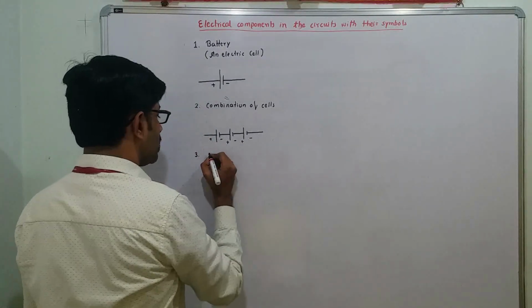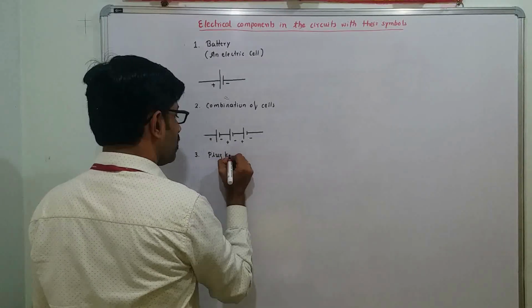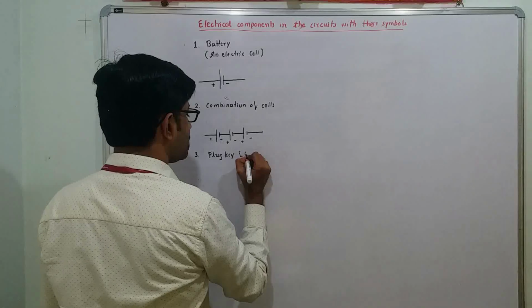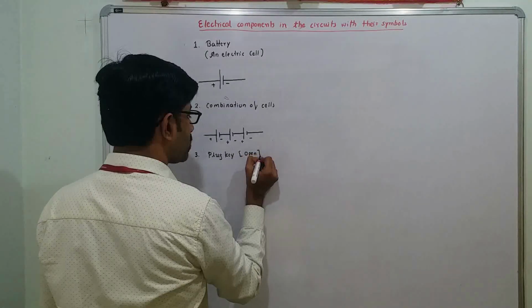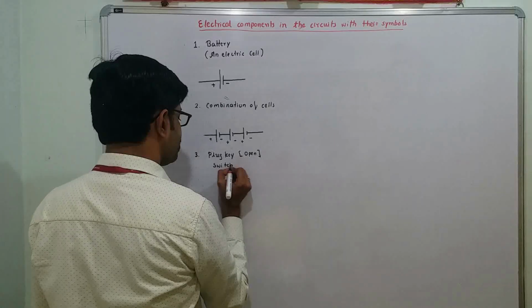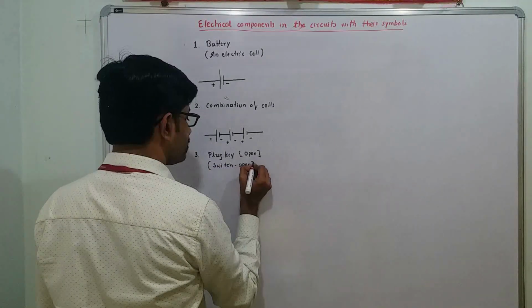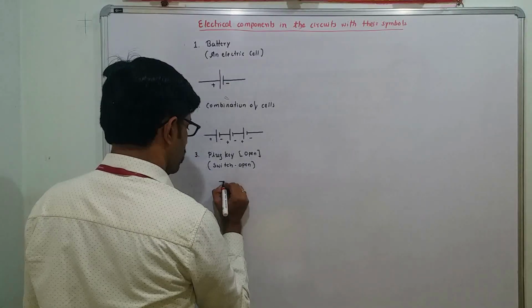Now let's move on to the next part, that is plug key, or you may take it as initially open plug key. It is also called a switch which is open. This is very simple.